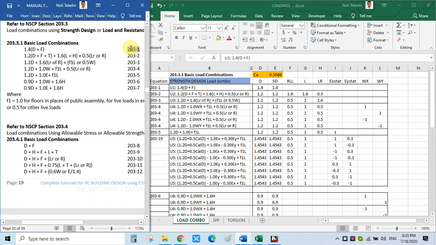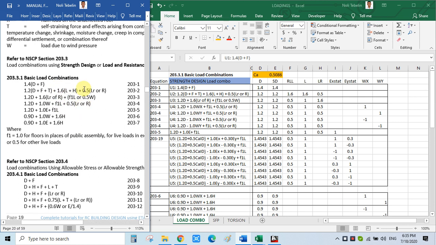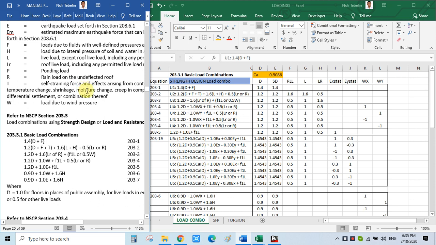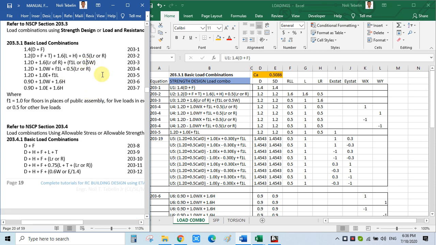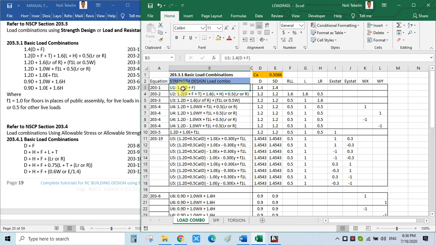So gagawin ko na lang para mabilis i-discuss. Ito yon. So meron ako dito ng dead load, superimposed dead load, reducible live load, roof live load, earthquake static along X, earthquake static along Y, wind along X, wind along Y. So ito yon.